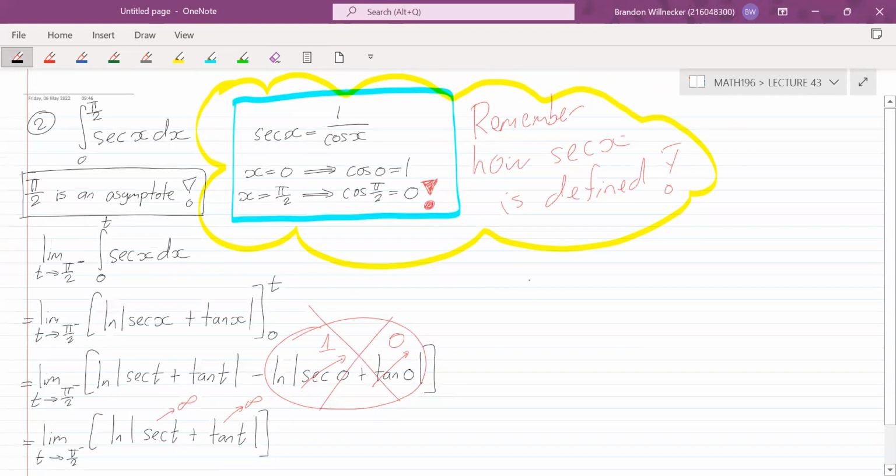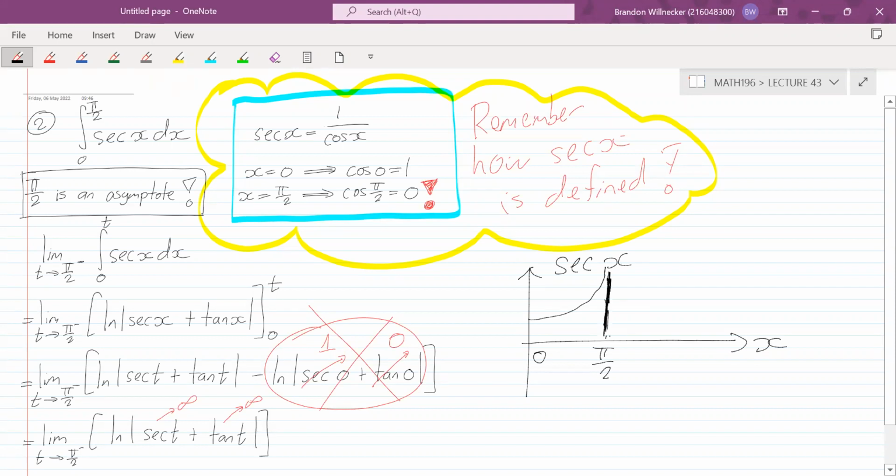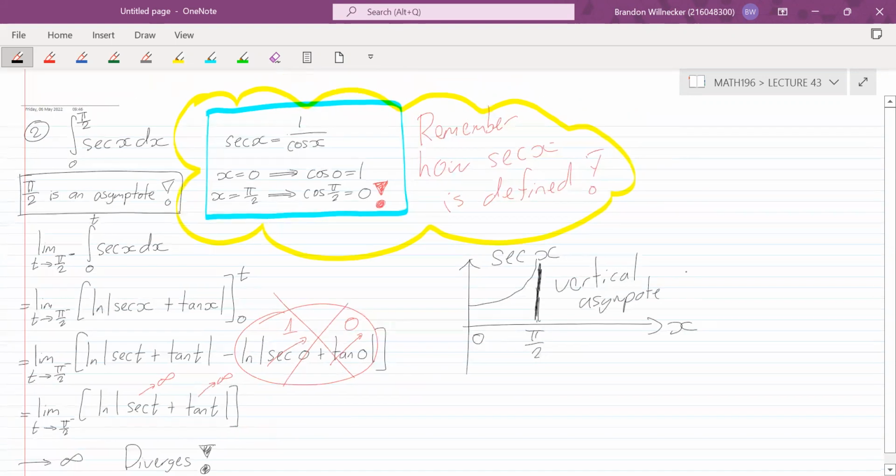If we draw sec, so this is x, this is sec x, we see that it looks like this. Here's 0 and here's pi over 2. So there's a vertical asymptote here.